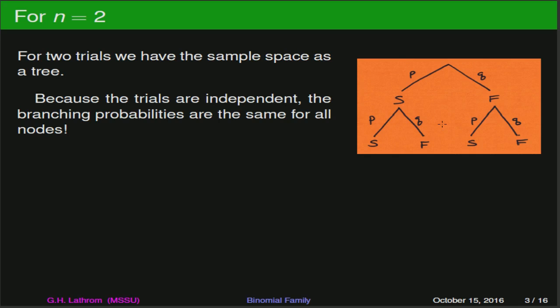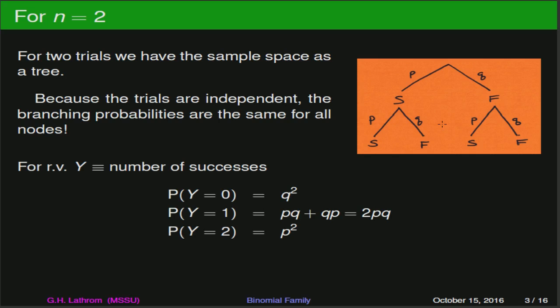So if we look at the branches now, and if we let y be our random variable that denotes our number of successes, we can see that the probability that we have no successes whatsoever corresponds to only one branch, where we have a probability of q for the first failure and a q for the second failure. So the probability that y is equal to 0 gives us q squared. The probability that we have one success, well, we can go down the branch where we have a success and then a failure, or we can have a failure and then a success.